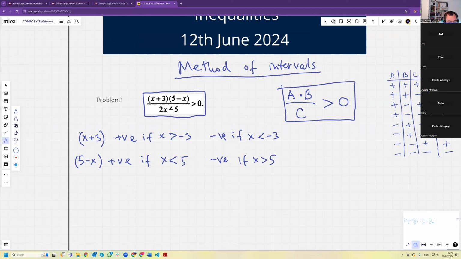And the last term, 2x minus 5, is positive if x is greater than 5 over 2, and negative if x is less than 5 over 2.